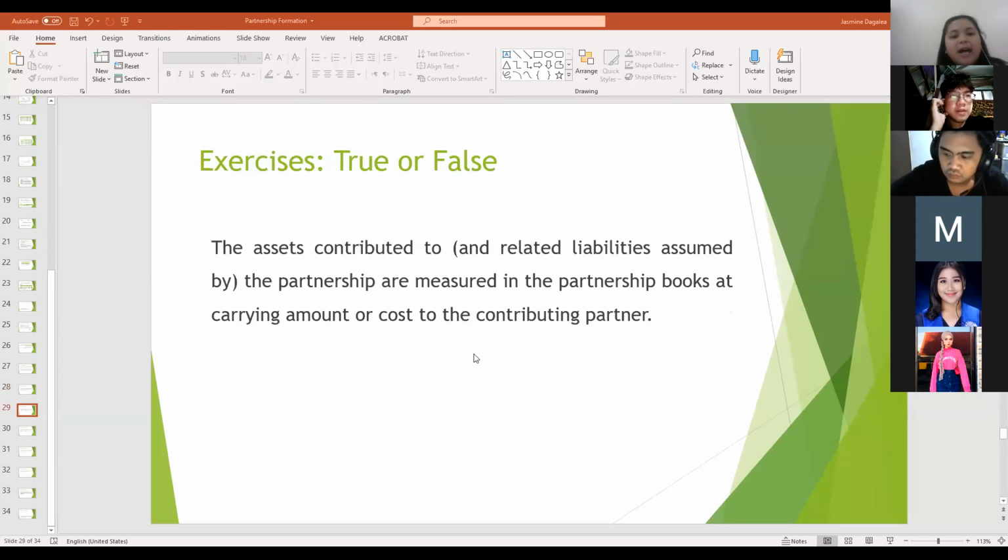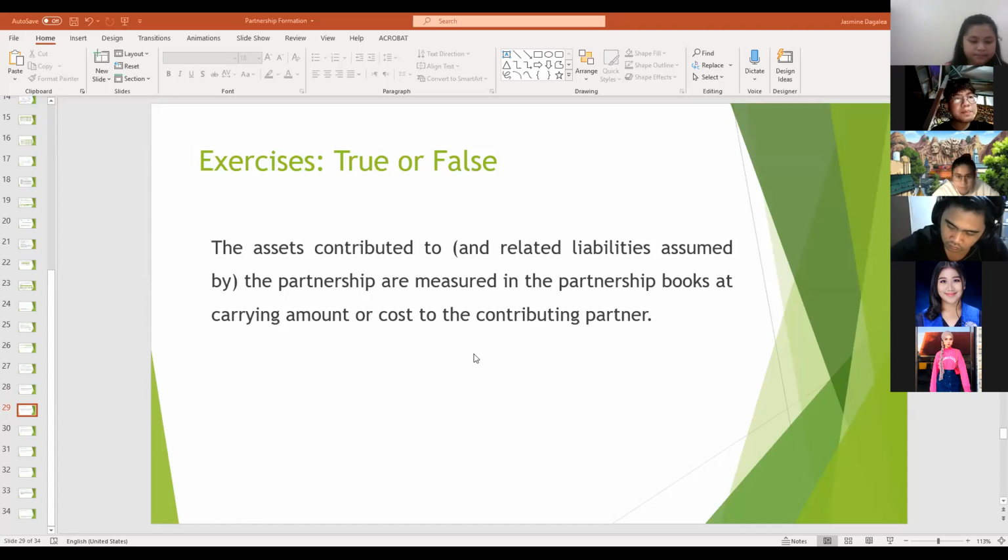Number 2, the assets contributed to and related liabilities assumed by the partnership are measured in the partnership books at carrying amount or cost of the contributing partner. True or false?